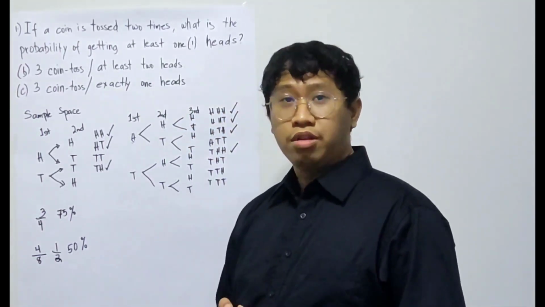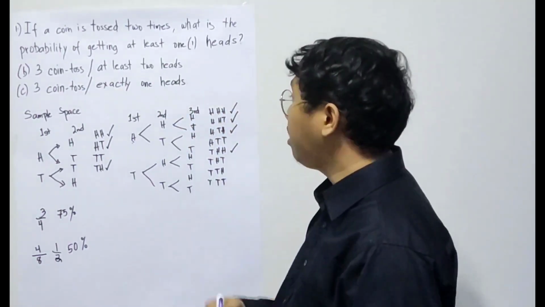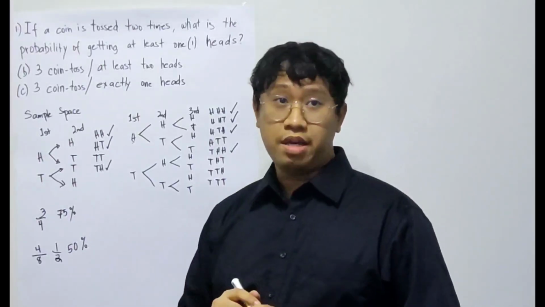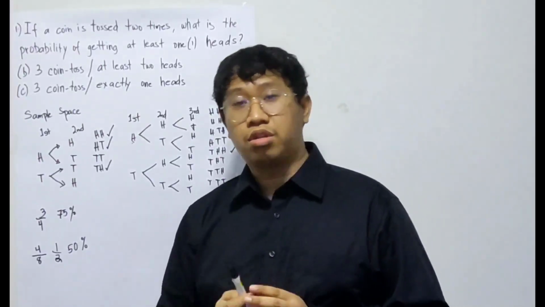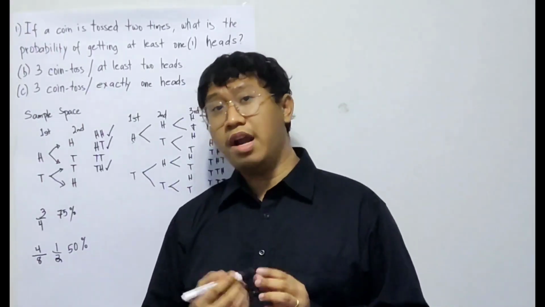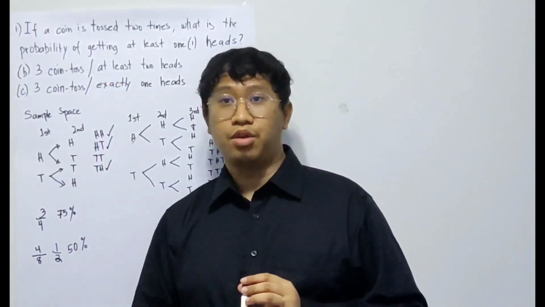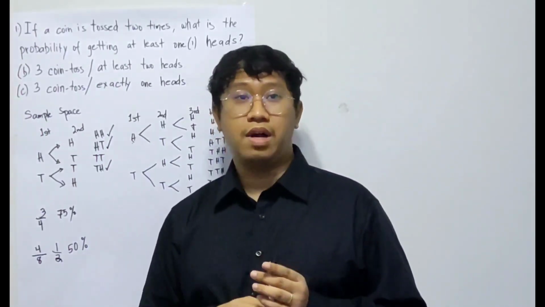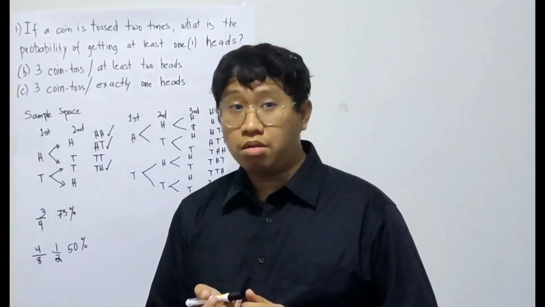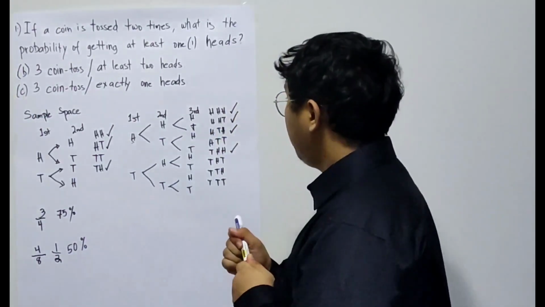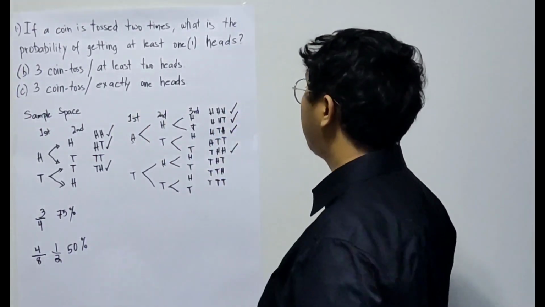Now, we need to know the probability of getting exactly 1 heads. We already have the total possible outcomes from our earlier sample space, so we only need to know the value of our favorable outcomes. So we need exactly 1 head.